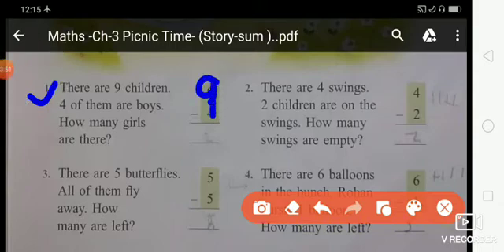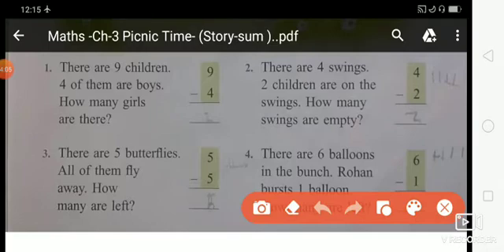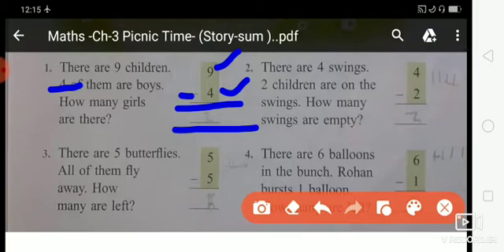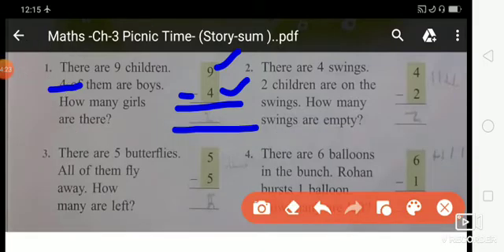First of all, write 9, and after that 4, with a minus sign, and then a box. 9 minus 4. Write the number 5 in the box.